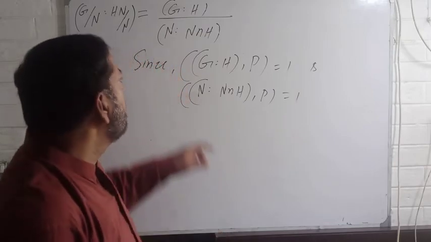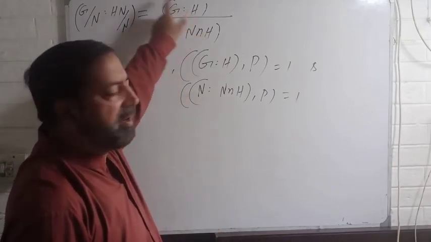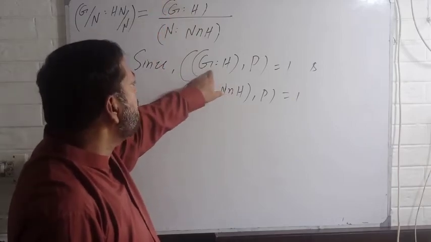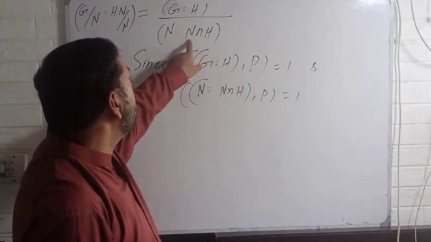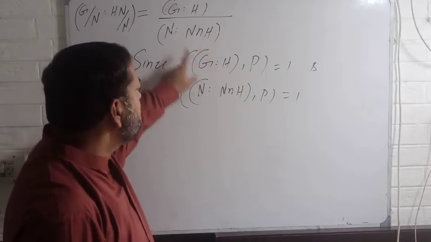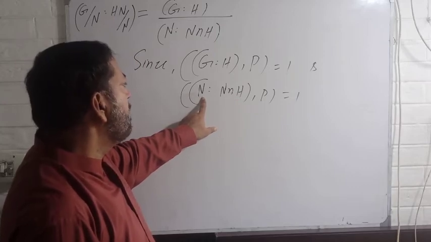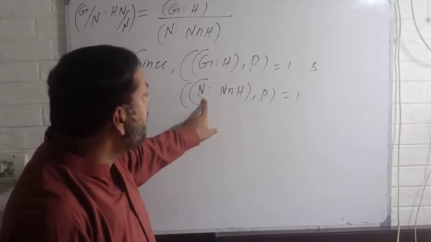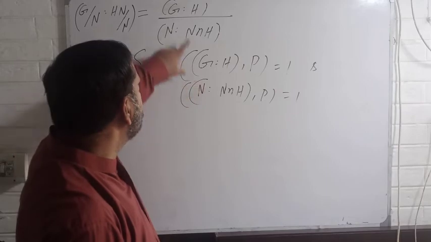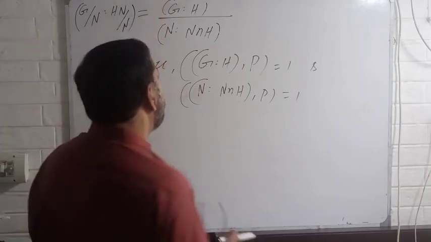Okay, you see this one, since H is a Sylow-p subgroup of G, so index of H in G is prime to P. Also you have shown that N intersection H is a Sylow-p subgroup of capital N. So because N intersection H is a Sylow-p subgroup in N, I can claim that this one is also prime to P.